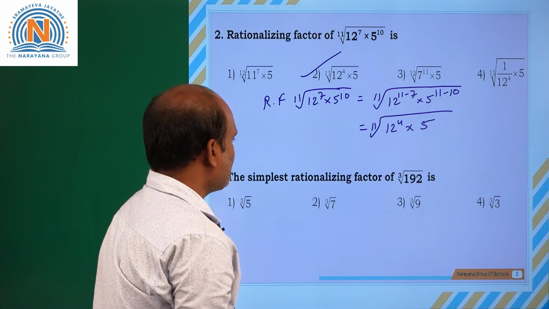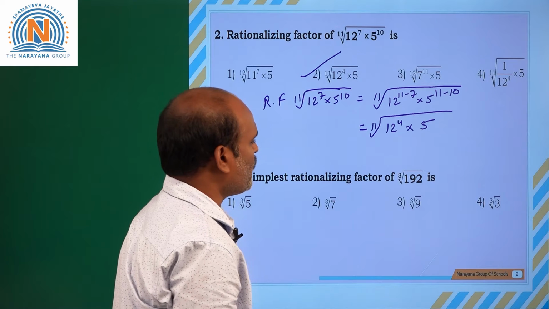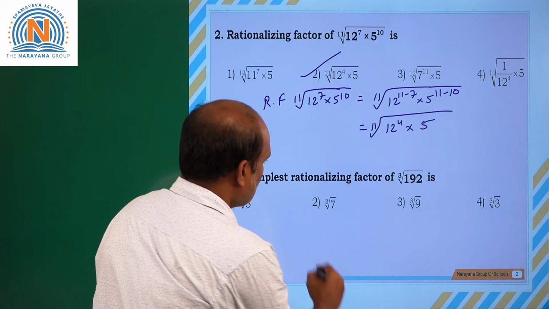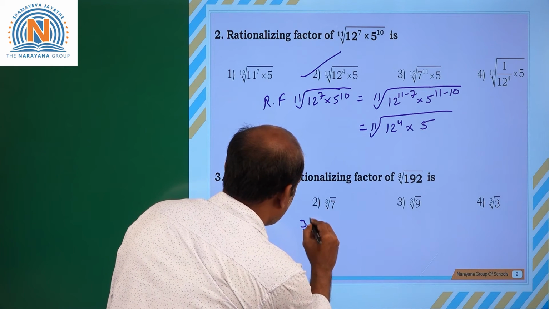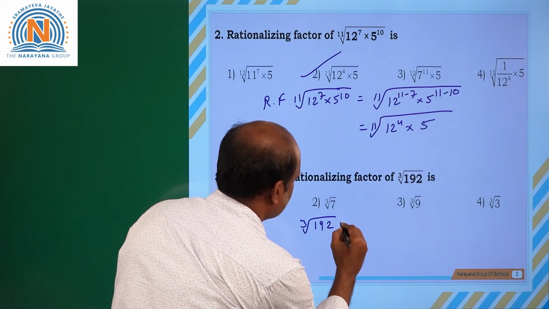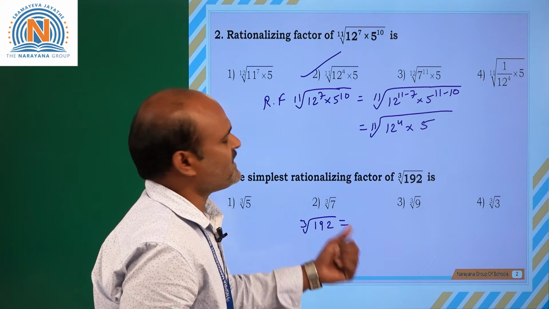Next, the simplest rationalizing factor of cube root of 192. Now we want to find the simplest rationalizing factor.